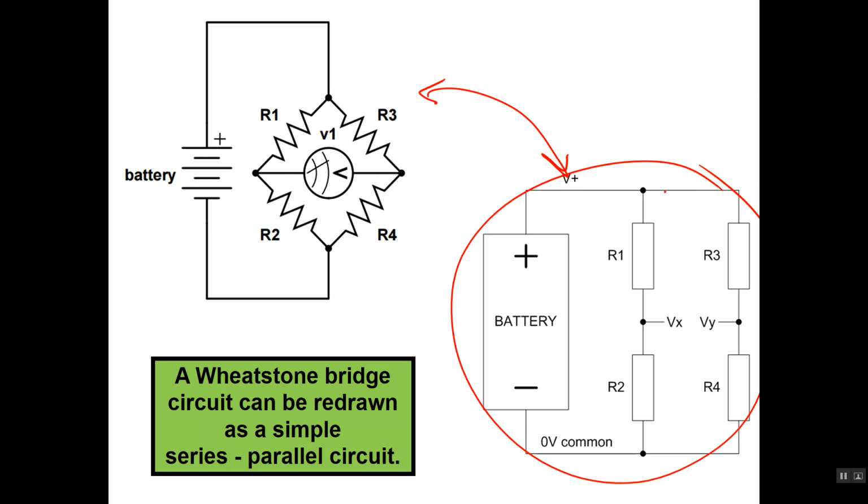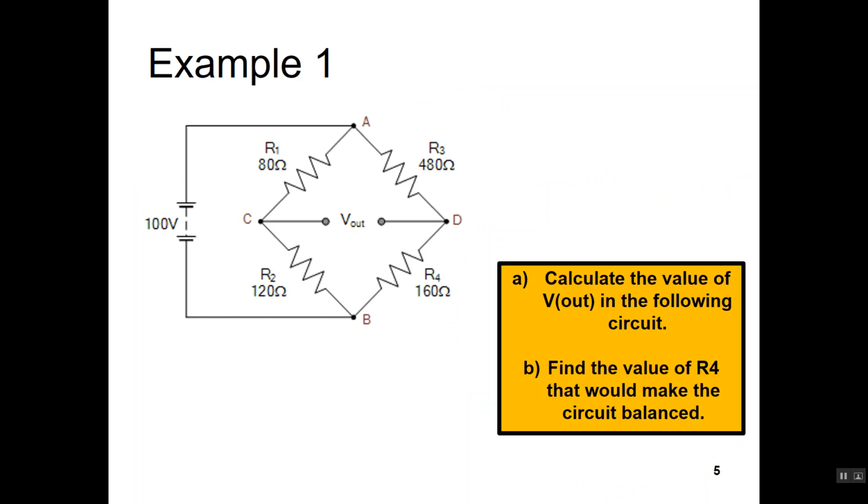All right, moving on. The whole purpose of this is to calculate the voltage across this bridge. It's called a Wheatstone bridge because there's this bridge in the middle, and we want to know what the voltage across that bridge is in this situation. I'm going to tell you right now, this is not a balanced circuit, so there is going to be a voltage difference across that bridge.